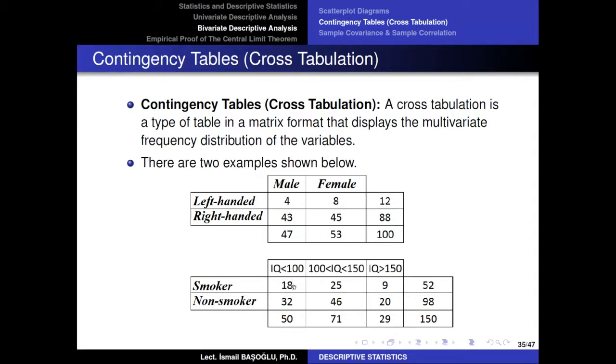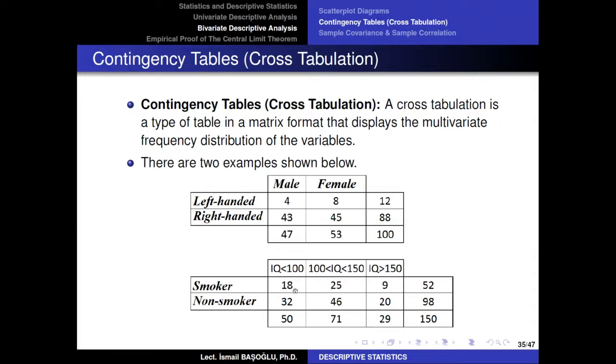Again, we are checking the ratio between the IQ levels, which are 18 to 25 to 9. So these ratios are almost similar to 2, 3, and 1. Among the smokers, the number of people who have an IQ level greater than 150 is almost half of the number of people who have an IQ level less than 100.